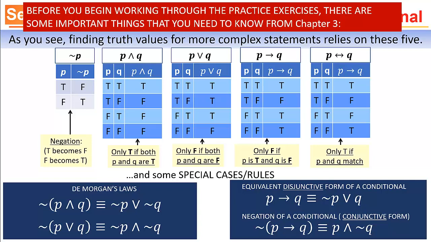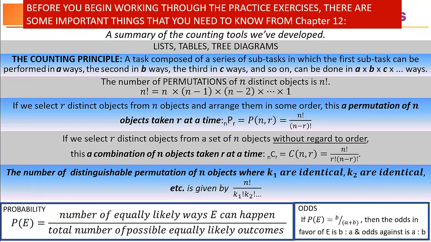You need to know your two De Morgan's laws, and you need to know the disjunctive and conjunctive forms listed for an implication and the negation of an implication. And from Chapter 12, we talked about tree diagrams and using tables and lists.